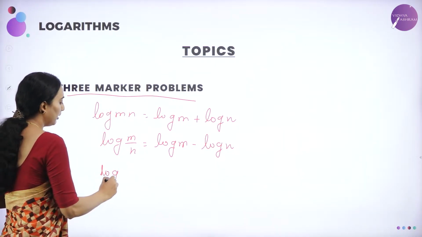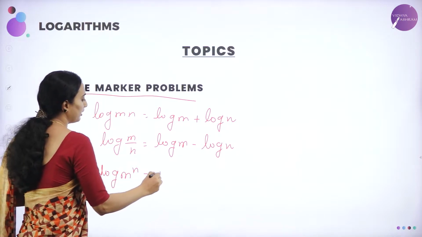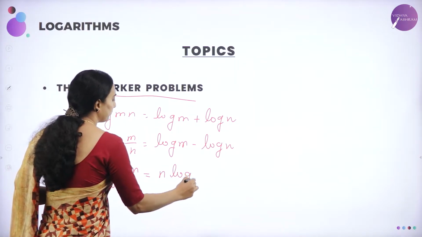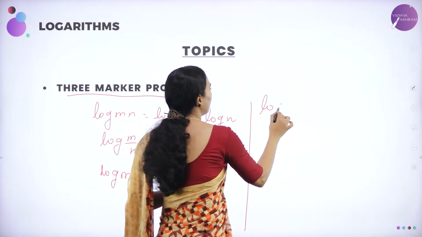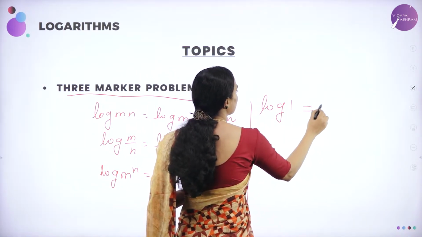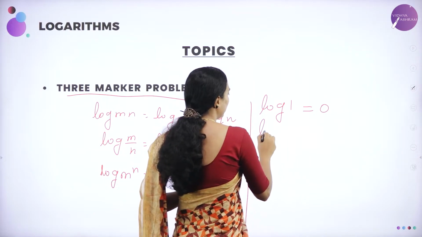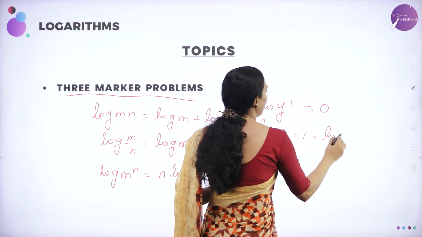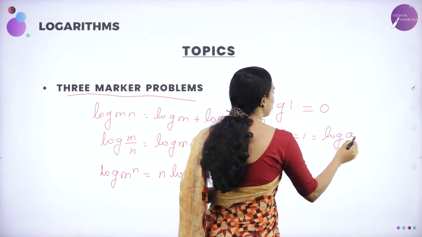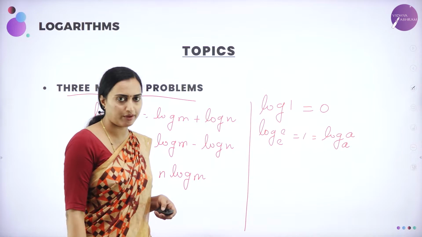Log m power n can be written as n log m. Then log 1 to any base is nothing but 0. Similarly, log e to base e is nothing but 1, or log a to base a is nothing but 1, right?